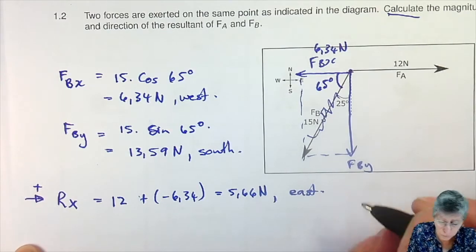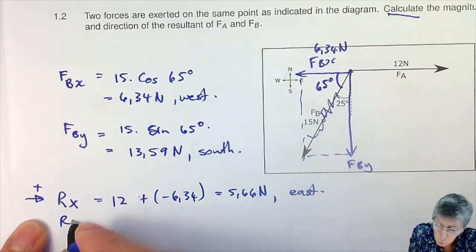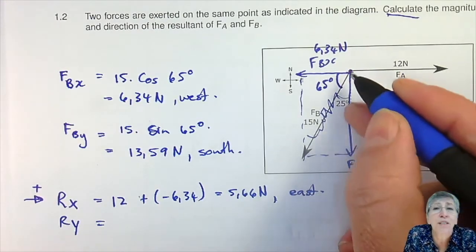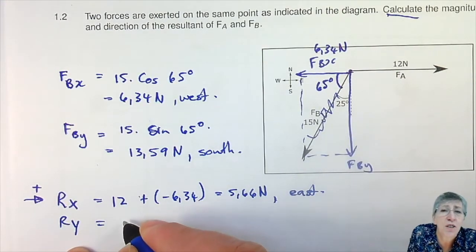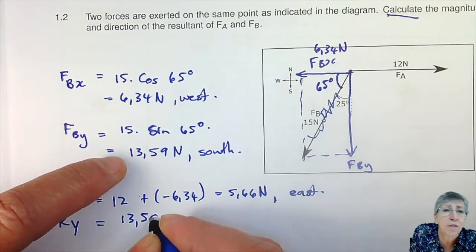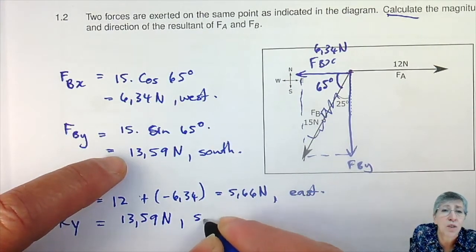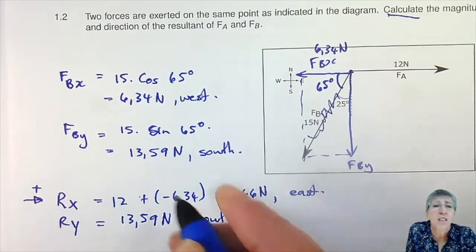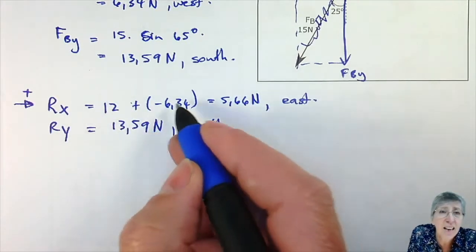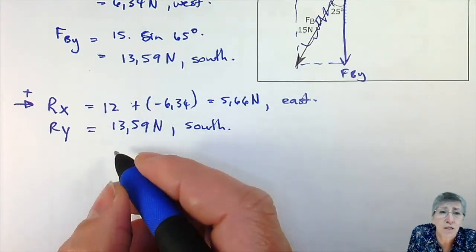Next up, we're looking at the y components. If there's only one y component, then that y component is going to be the resultant. So the resultant will be 13,59 newtons towards the south. Now I have the resultants in the two directions, and I can add them together to get the final result.